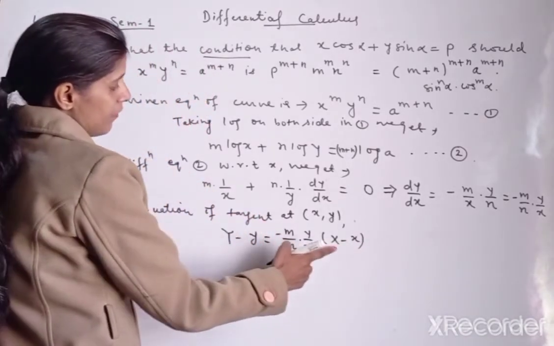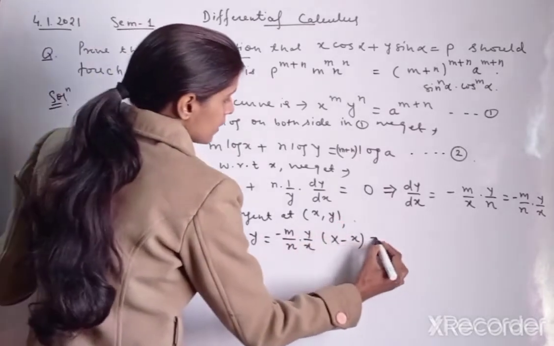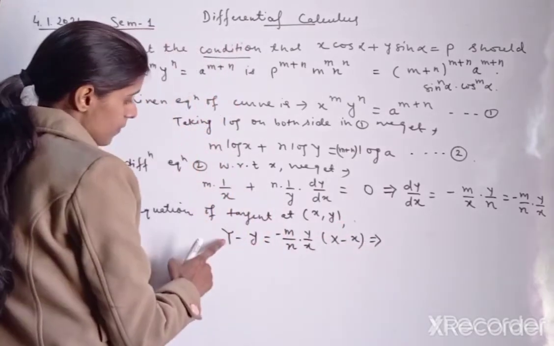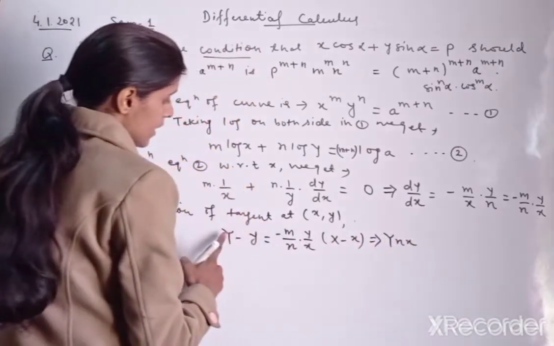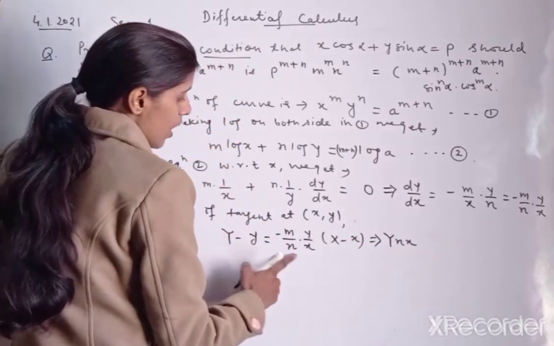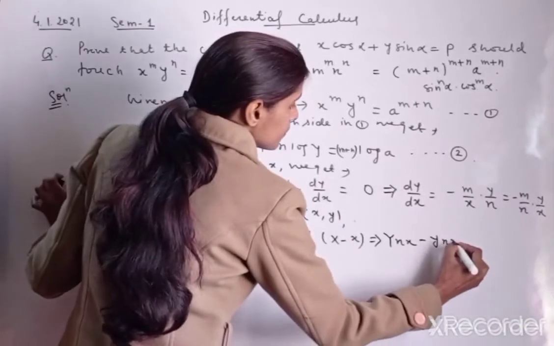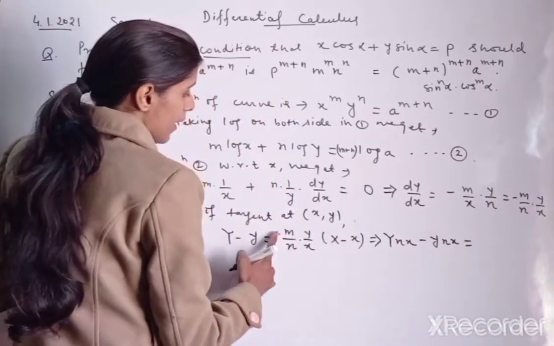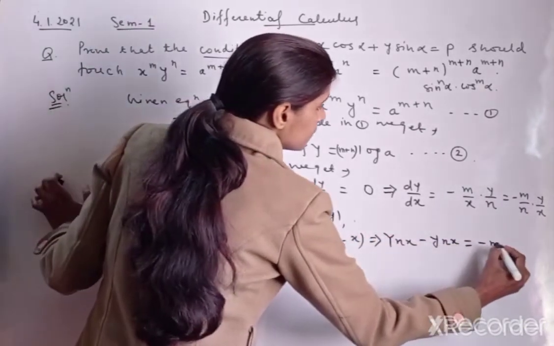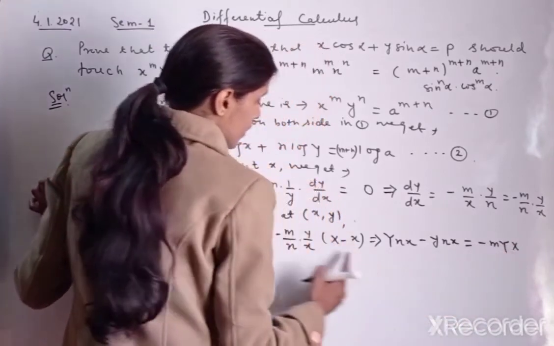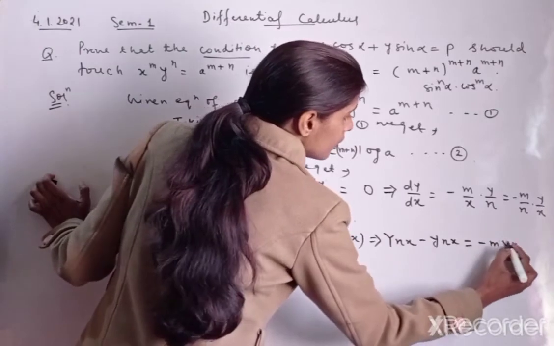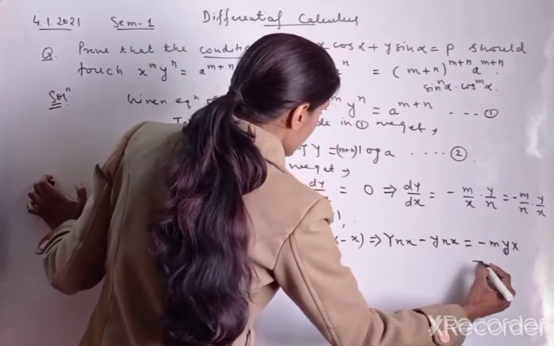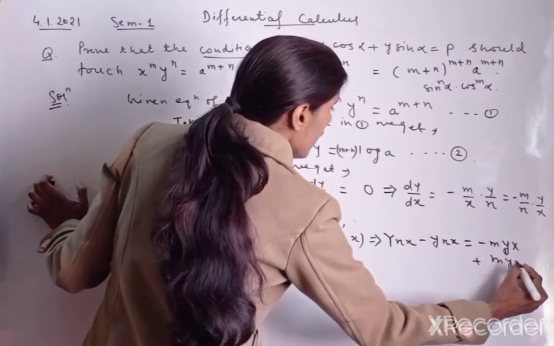Here I have used capital Y and capital X. So this implies we have nY x, then minus n y x, and equal to minus m y X, and then m y x.